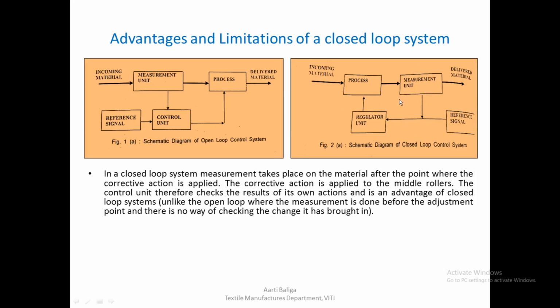This happens continuously. Whereas in the open loop system, once the measurement is done, the process has made a change, then there is no measurement again to check whether the action the process has taken is in the right direction or not. So this becomes one huge advantage in case of a closed loop system over the open loop system.